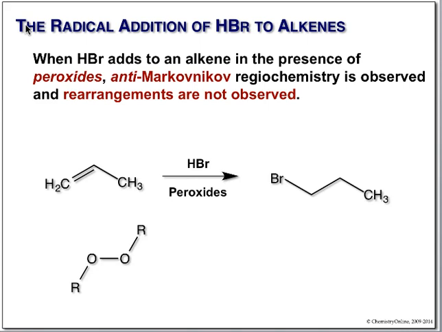Same sort of chemistry. What happens with a peroxide is that this bond is easily broken. When it does, you form peroxy radicals. So the fact that this reaction gives a different product when peroxides are present tells us that the radical is what's reacting. It's a different total mechanism.